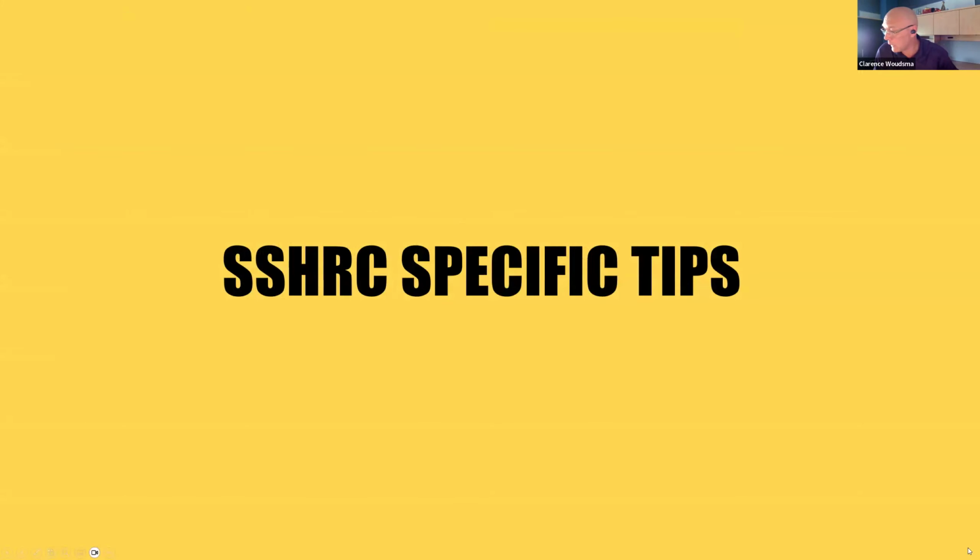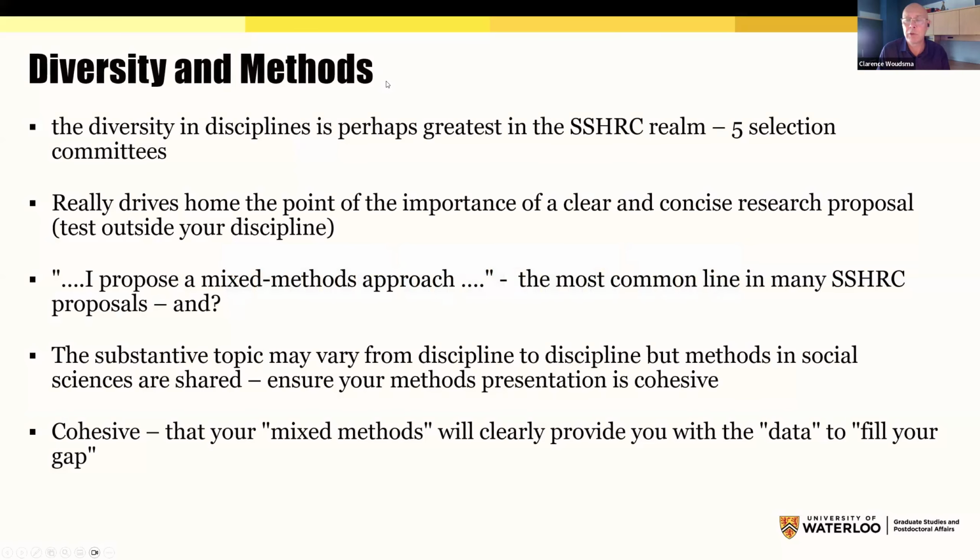Now, just to close out today, each of us is going to offer some specific tips. So this is to the social scientists in the audience, just a couple comments specifically about applying to SSHRC and what I've seen with my engagement with SSHRC over the years. We talked before about the importance of writing for a general consideration.